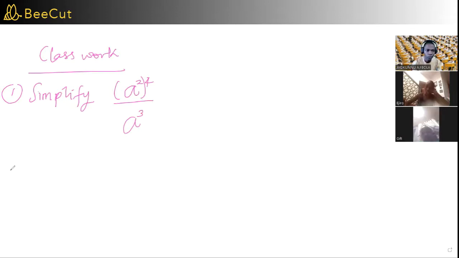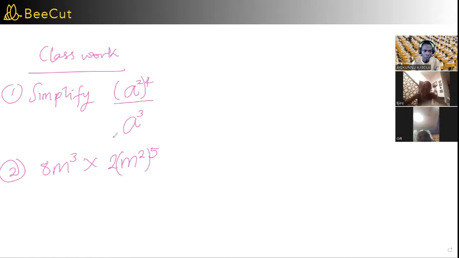Then the second one, 8m raised to power 3 times 2m squared, all raised to power 5. So you're going to simplify this. Now you can start. You have 5 minutes.